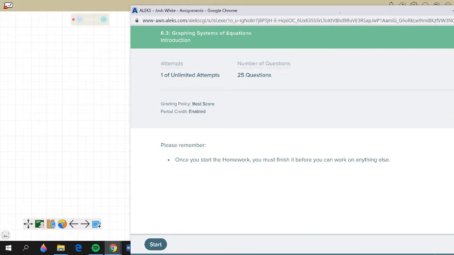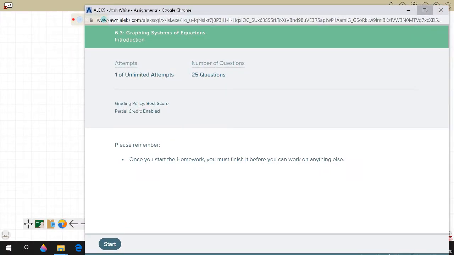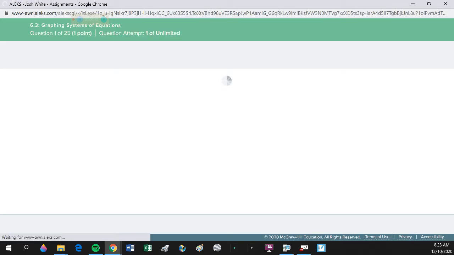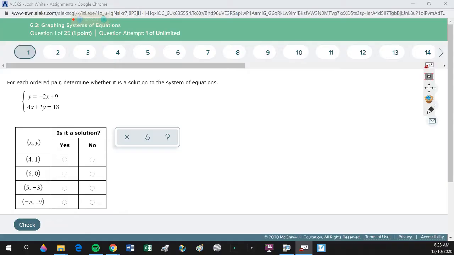All right, here it is. So here we have two linear equations, and we're being asked, is (4, 1) a solution to this set of linear equations?